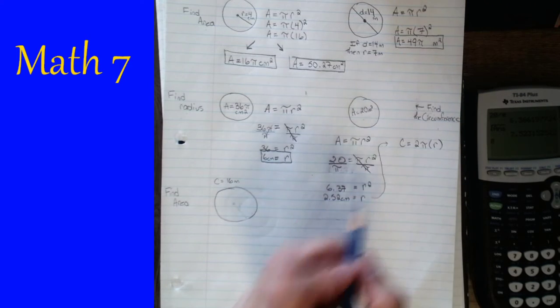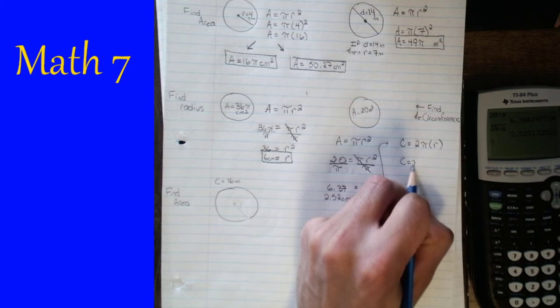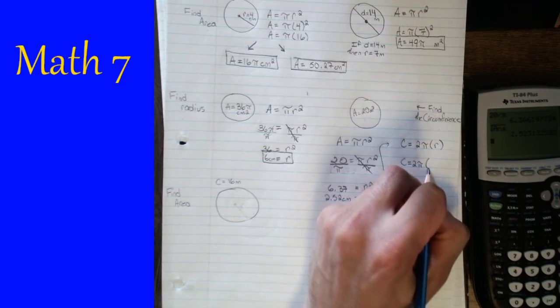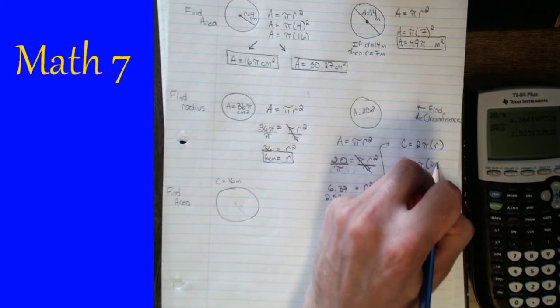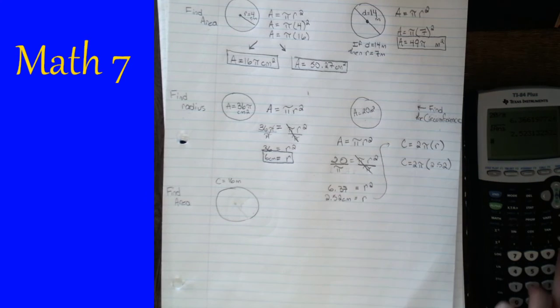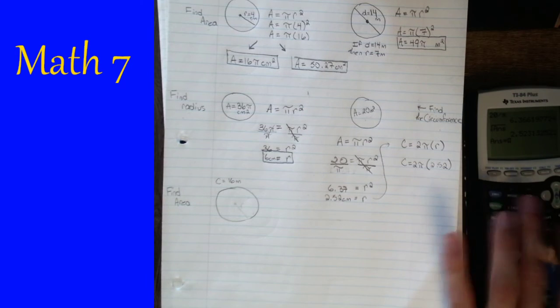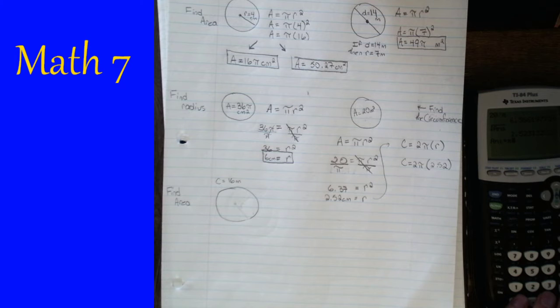Okay, so that's 2 times pi multiplied by this 2.52 number. So I'm going to take this number, multiply it by pi, and then multiply it by 2. You know what I should end up with? About 15.85.